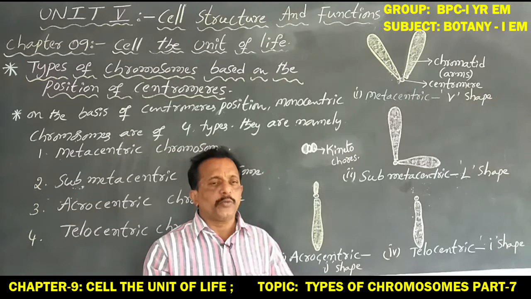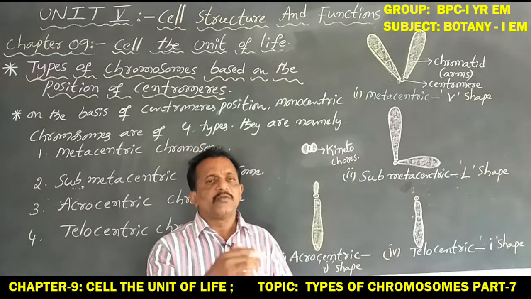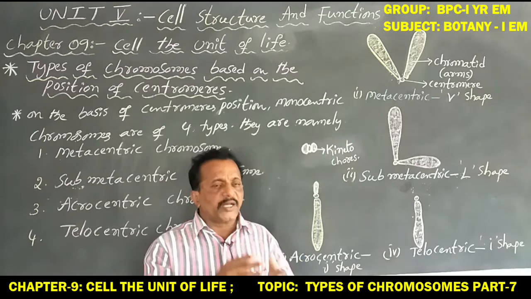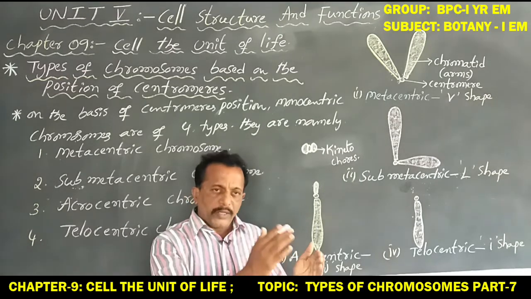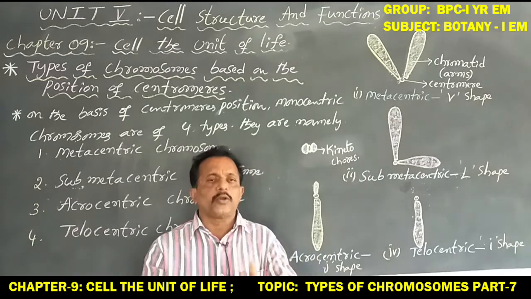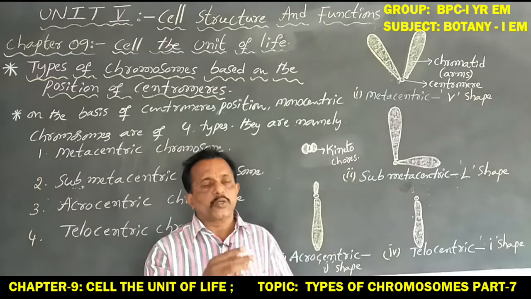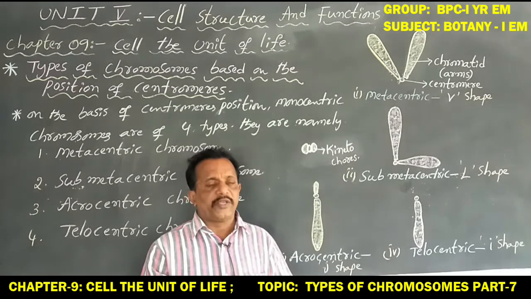At the same time, they move from one pole to another pole. At the base of the centromere, the chromatids move from one polar region to the other polar region. This is clearly shown in anaphase.